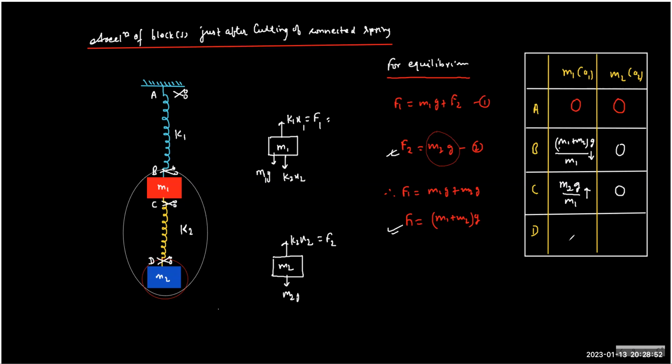So all forces remain intact. So the block M1 remains at rest. But for M2, once you remove the spring, it will be only under gravity, isn't it? So it will simply free fall.